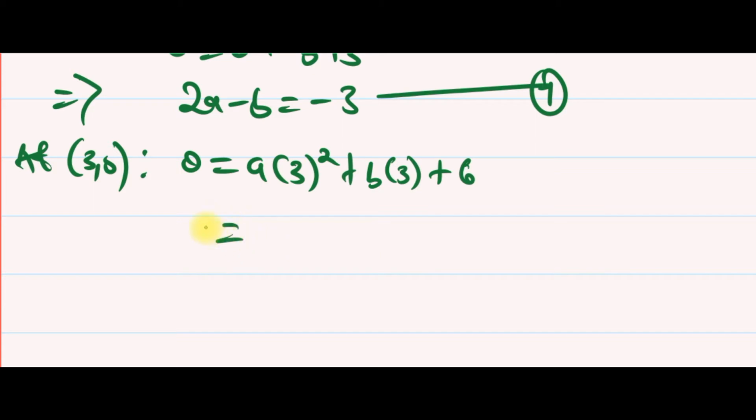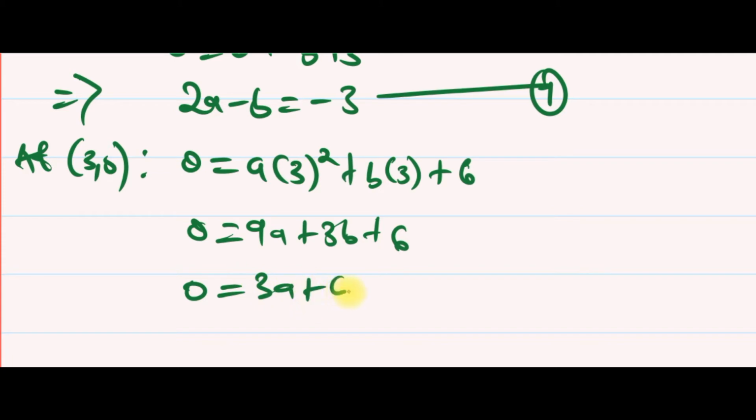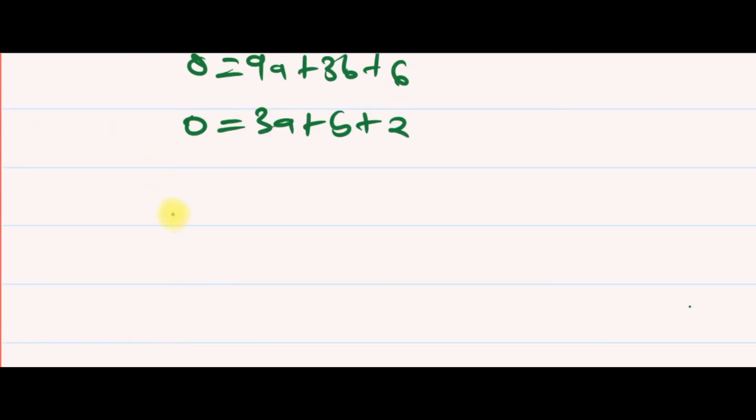So we have 9a plus 3b plus 6. Again, dividing both sides by 3, we have 0 equals 3a plus b plus 2. I divided each by 3, which implies that 3a plus b equals minus 2.